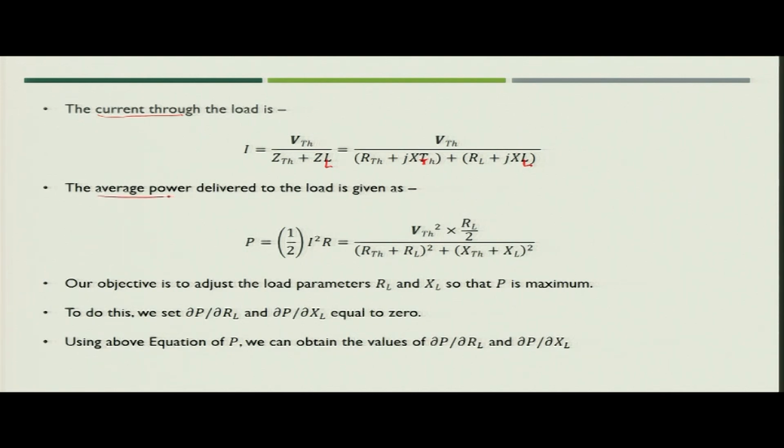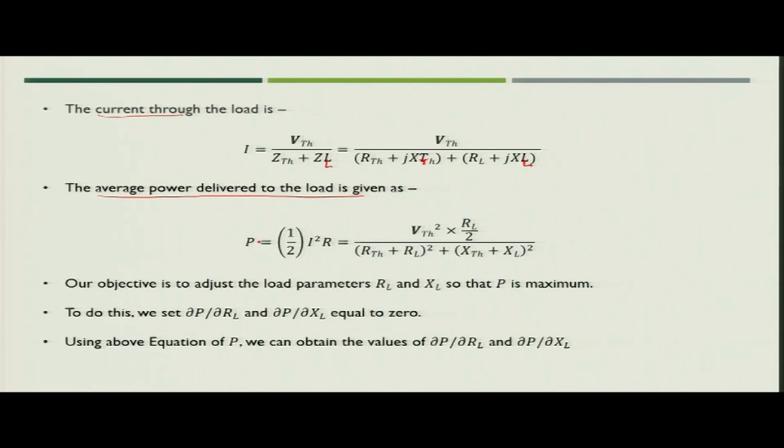What is the average power delivered to the load? The average power delivered to the load can be written as P equals 1 by 2 I square R. Why does the 1 by 2 term come? Because this is not the RMS value. If it is a peak value, you get P as 1 by 2 I square R. If I is RMS, then you write I RMS square into R, which is the average power delivered to the load.